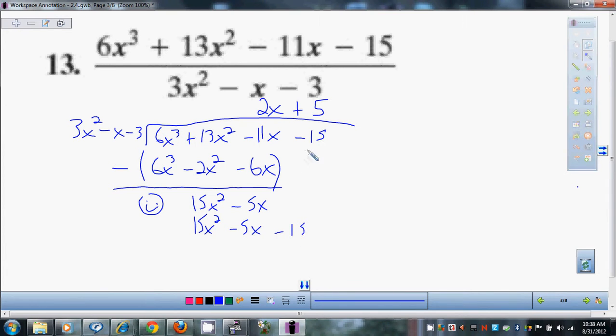Now I can bring this down. Subtract. Oh, look at this. Happy face. They're all zeros, which means you have no remainder, and this is your solution. 2x plus 5 is your finished answer.